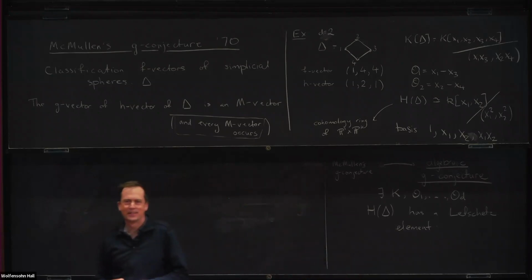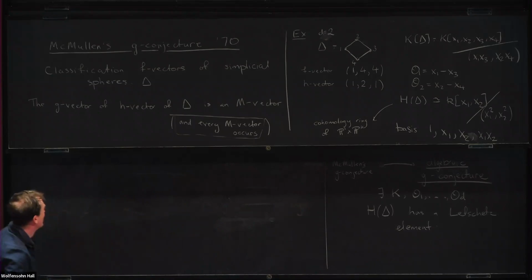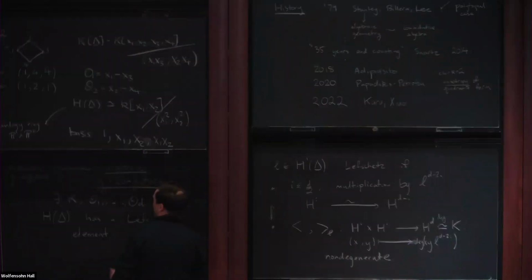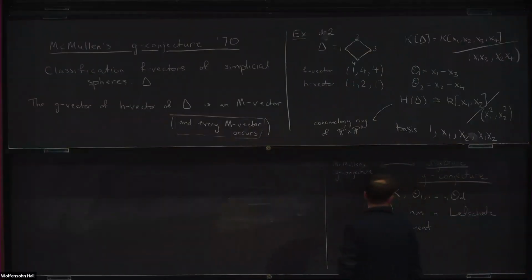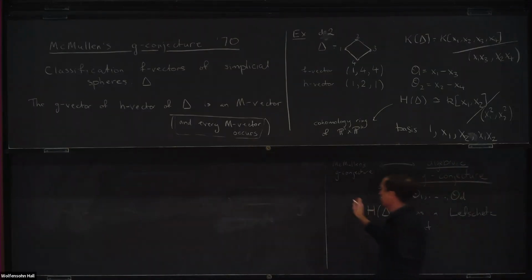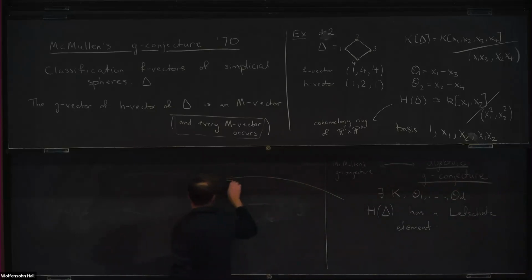If you solve this one, you solve the other one. We don't know what the other one is, but we solved it. So if you knew this Lefschetz element existed, what would this imply? Now we go back to the world of simplicial complexes.